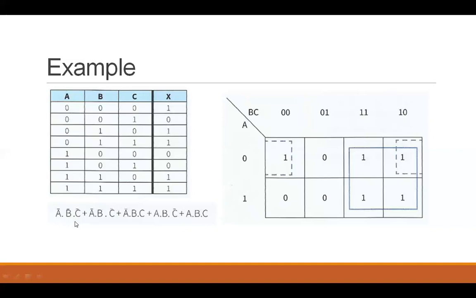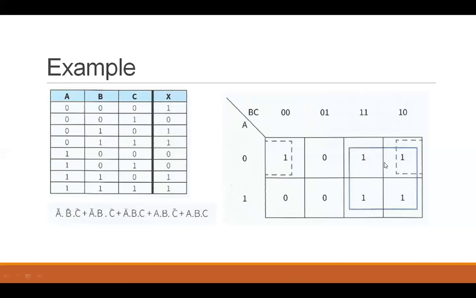This A inverse B inverse C is this one. This A inverse B C inverse is this one in the third row. This A inverse B C is this one in the fourth row. A B C inverse is this one in the second last row of the truth table. And then you have ABC, which is the last row of the truth table. So all these products are being added together, and this is called sum of products, or sometimes simply min terms.